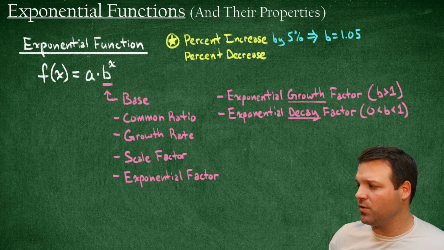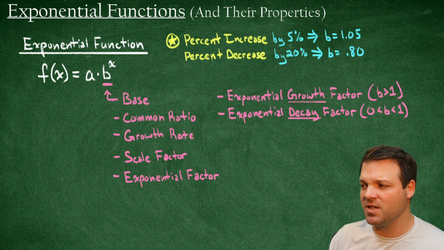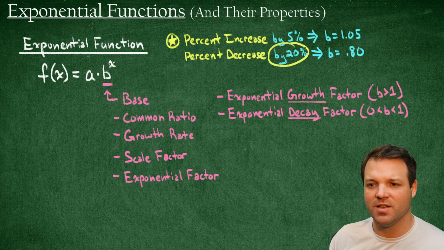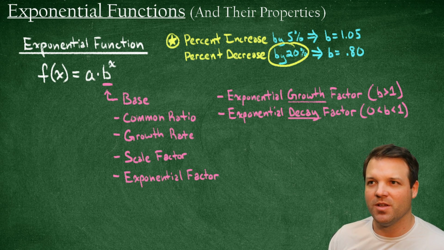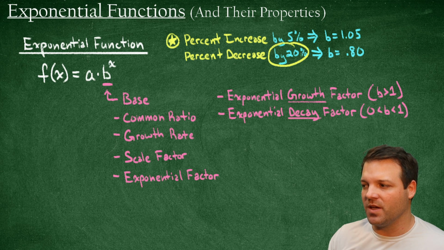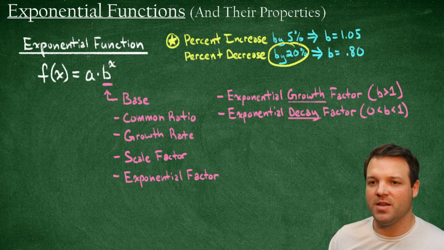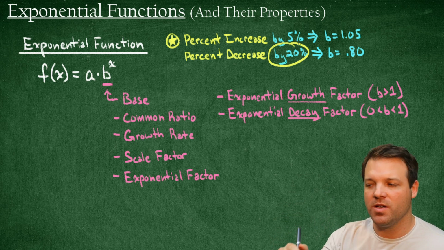Now, if they refer to a percentage decrease, let's say they said this thing is decreasing by 20% every increment of time. For example, maybe you're landing a plane. The plane is swooping down, and maybe they say the altitude is decreasing by 20% every minute.